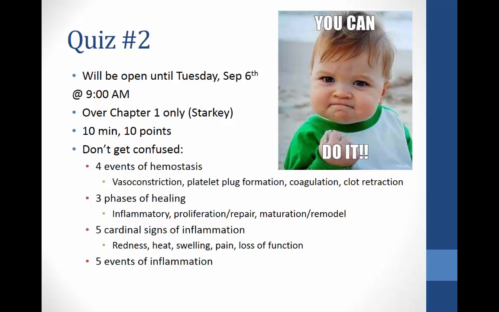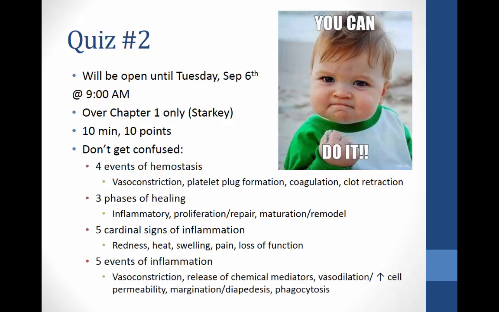The 5 events of inflammation include vasoconstriction, the release of chemical mediators, vasodilation and increased cell permeability, margination and diapedesis, and phagocytosis. I would highly encourage you to be able to describe these processes, define your terms, and be able to describe when they happen within the phases of healing.